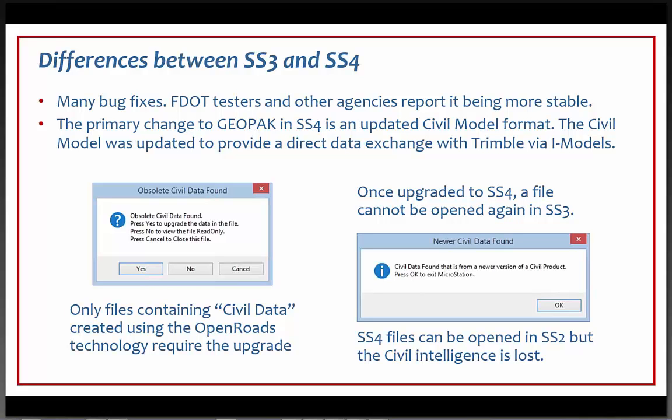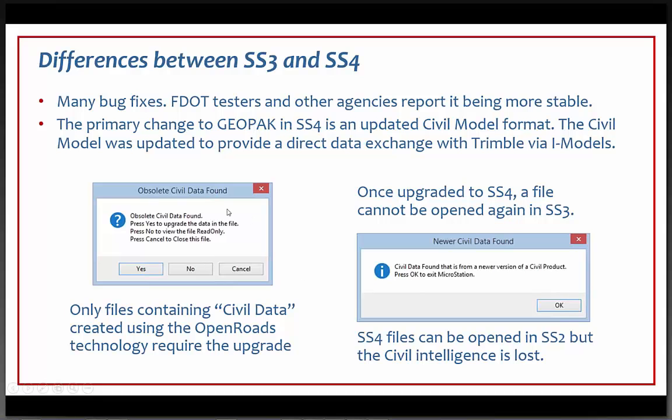But then you go and open up your DSGNRD file you created in SS3, and it's got the Open Roads technology built in there using the alignments or terrains or corridors or whatever. Then it's going to recognize that that's an older data format, and it's going to prompt you to upgrade that format.